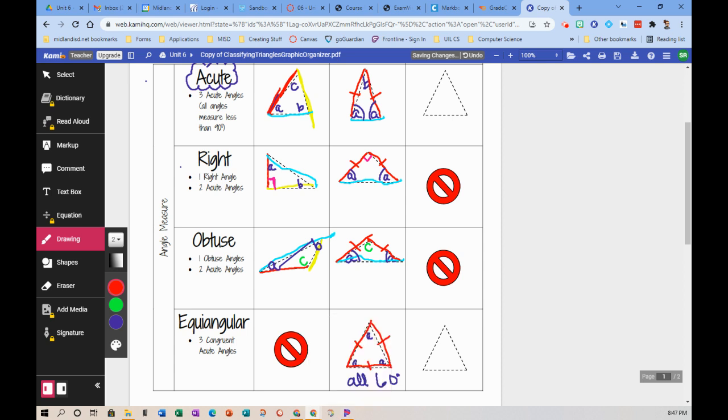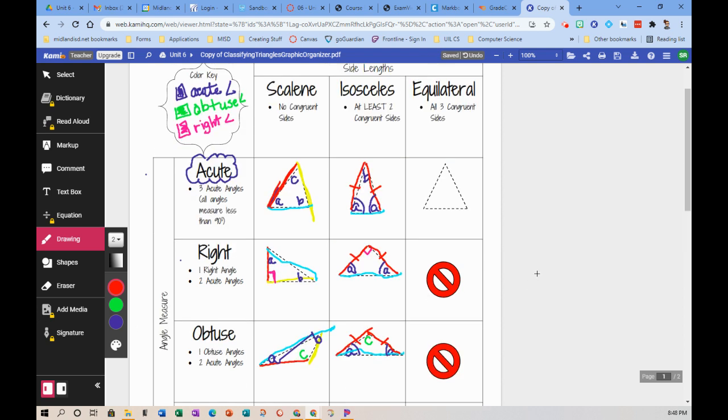All right, let's go back up to the top. Equilateral. All three sides are congruent. So I'm going to use turquoise. That means that all angles are acute.